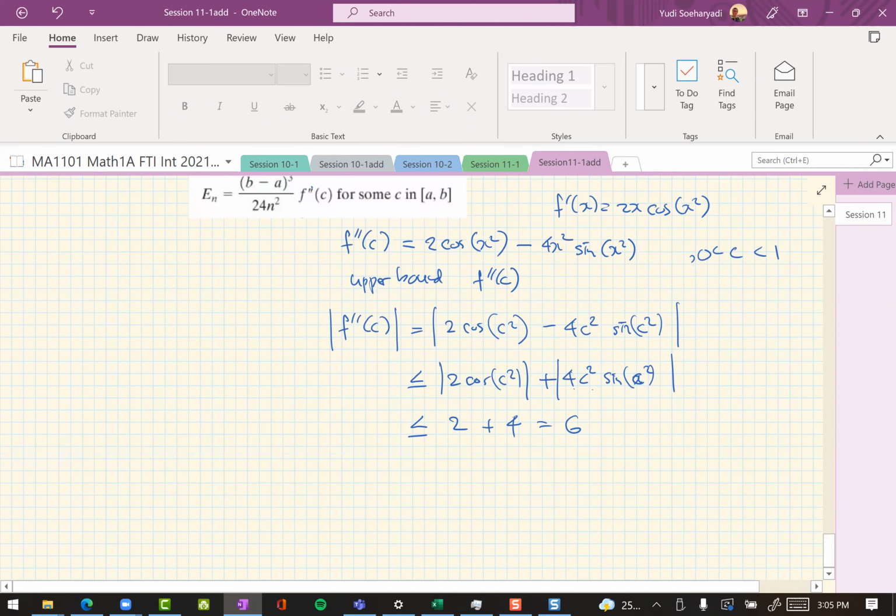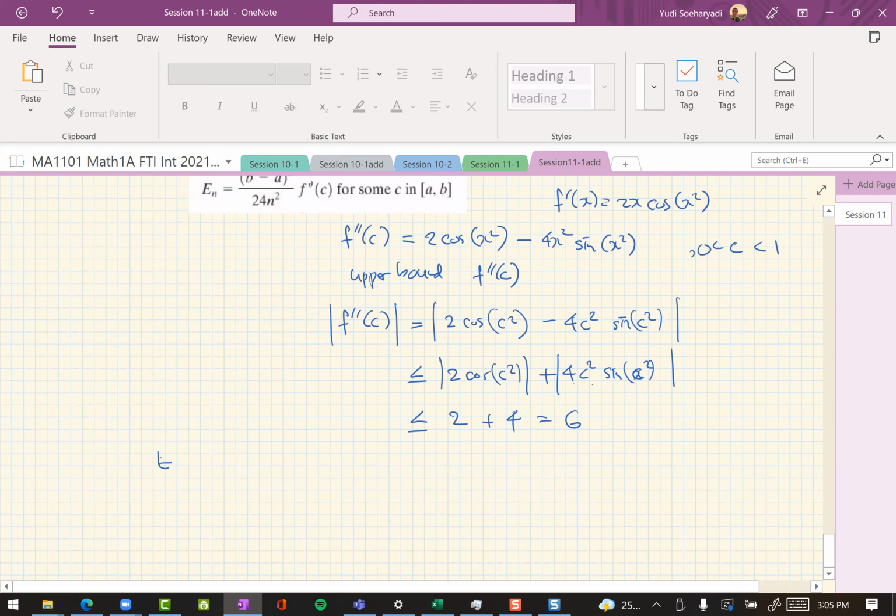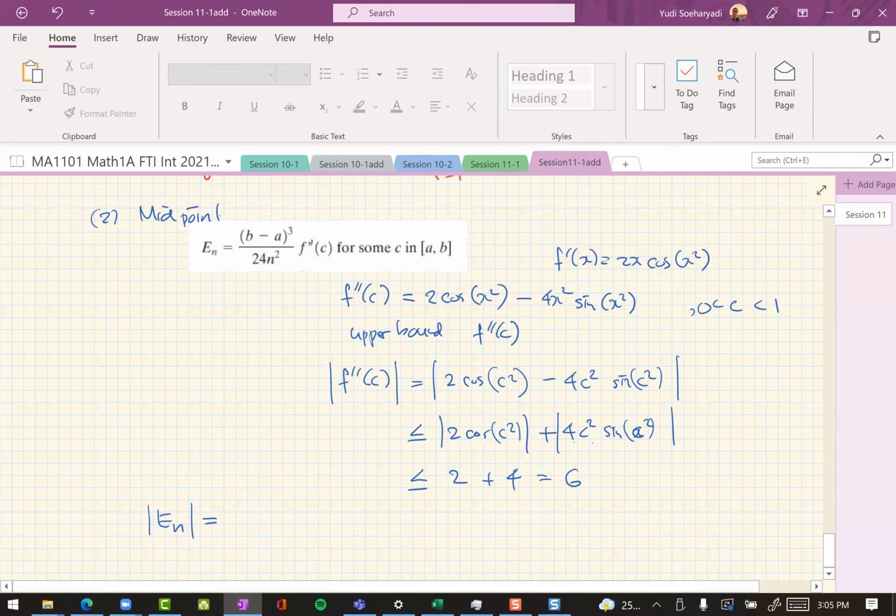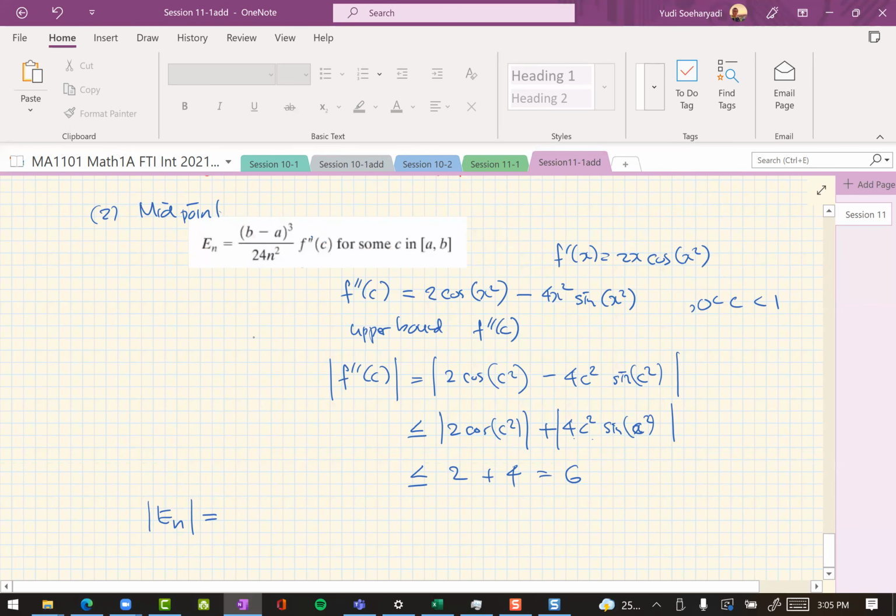All right, so our error E_n, don't care about the sign. This is 1 cubed, so this is 1 over 24n squared times 6.